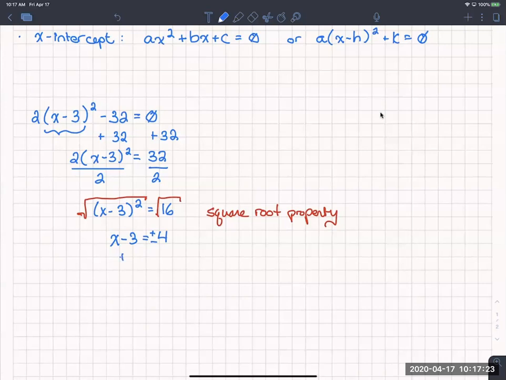And then you solve by adding 3 to both sides. So I have two answers, 3 plus 4, which is 7, and 3 minus 4, which is -1. Okay. And these are my x-intercepts, which is where the graph crosses the x-axis.